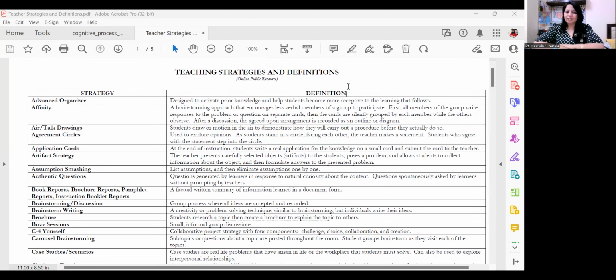Next are the buzz sessions. They are small informal group discussions. Sometimes you may have to have some informal discussions in the classroom. Every time, there is no need to divide the students according to a particular learning style or groups. In general, you can have some buzz sessions.